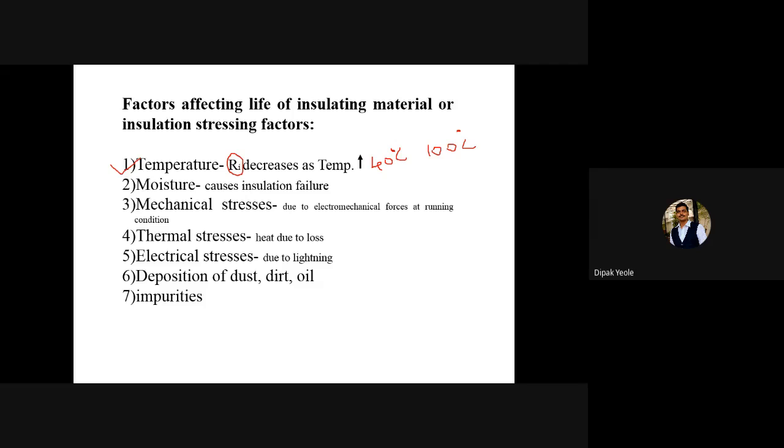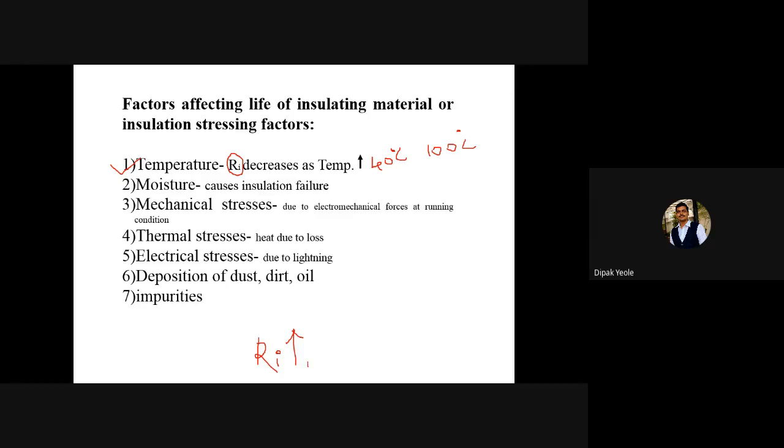Now, what will happen if the insulation resistance decreases? We know that we have to maintain the insulation resistance very high. Yes, and all the insulators have a high amount of insulation resistance.